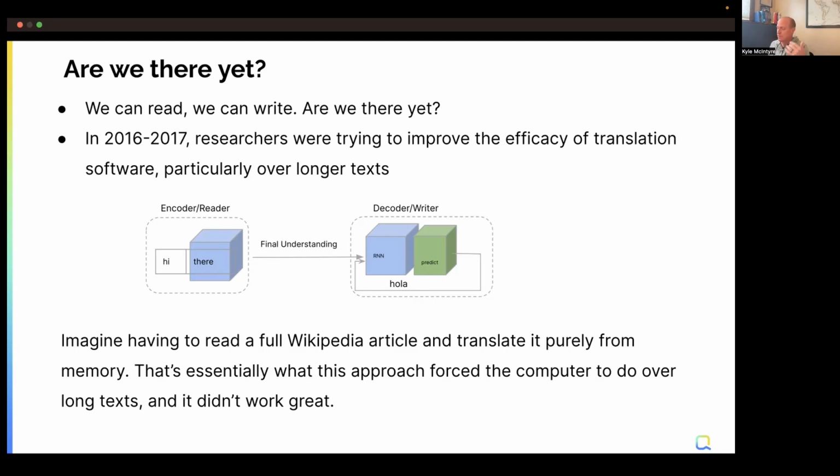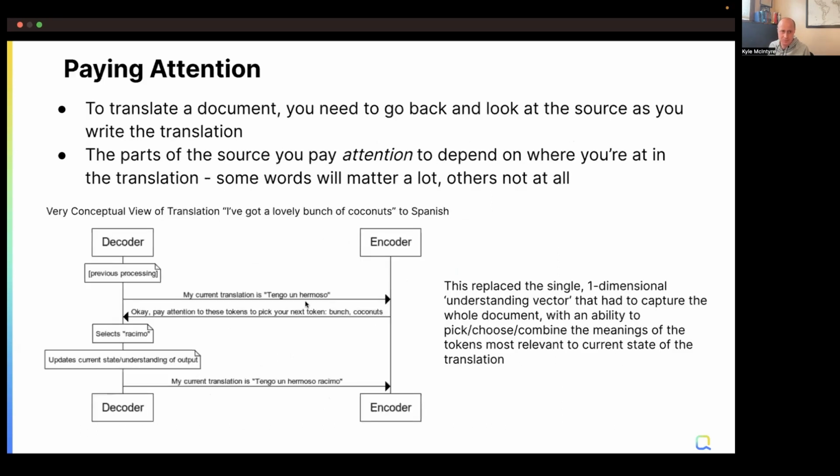I mean, you can read the whole article and you'll have learned stuff and you'll have some sort of vector of understanding in your mind that captures what you just read, but it's not nearly enough information to provide a verbatim translation into another language. So translation systems were struggling over longer texts, and that was a problem that researchers were working on.